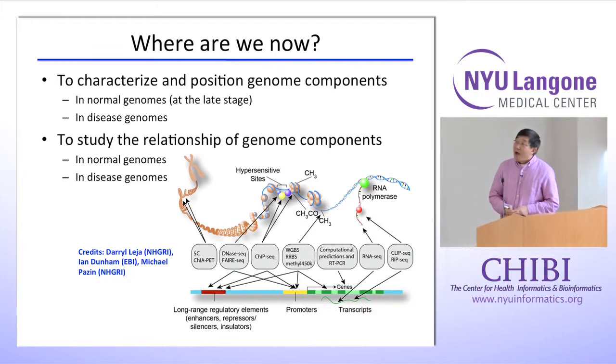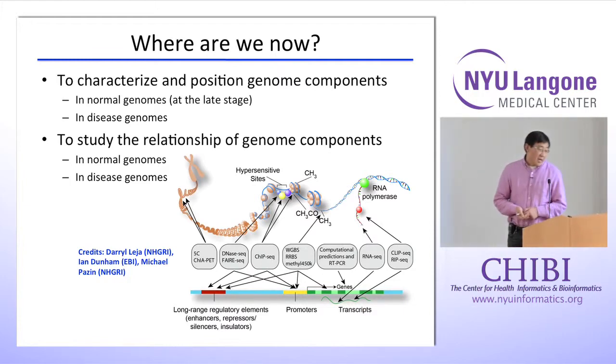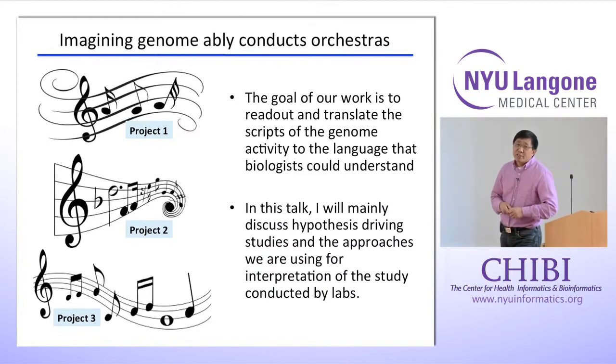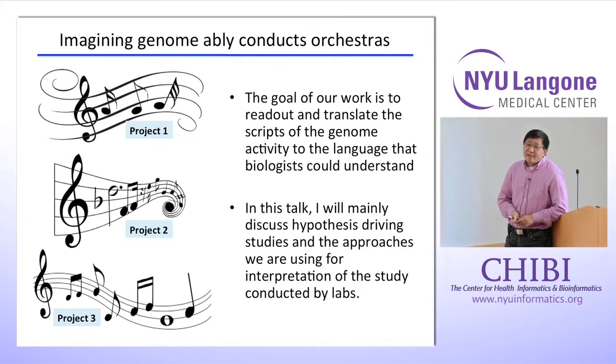What I have imagined is that the genome is probably just like a conductor, a music master who can put all those musicians and instruments to work together to make a beautiful concert.